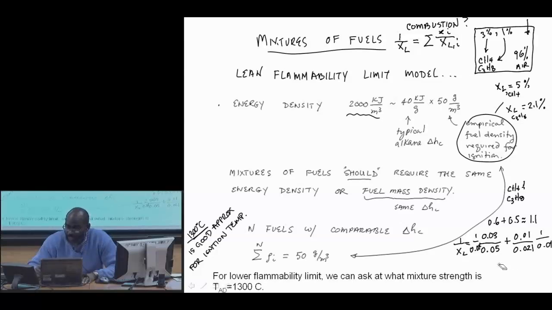So it's 0.6 plus 0.5, divided by 0.04. And so XL is 0.04 divided by 1.1, which is like 0.036, okay? So the Xi's that we're dealing with here, composition-wise, are the mole fraction in the fuel.